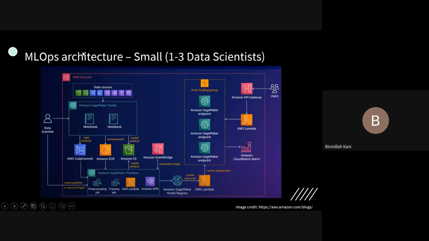So what could be a good MLOps architecture in order to solve all these challenges? You can see in this region, it is mostly what we have seen in the previous slide. We have a data scientist who is working in notebooks, right? And he has different data sources. Now, one additional improvement we made is that it is no more a local change. It will be connected to a Git repository.